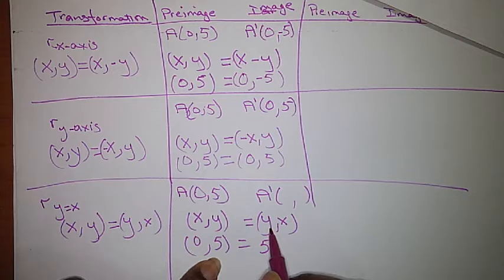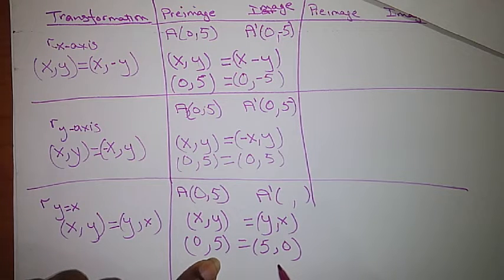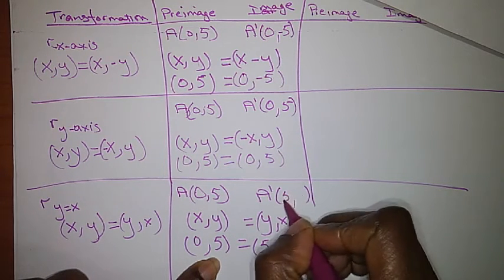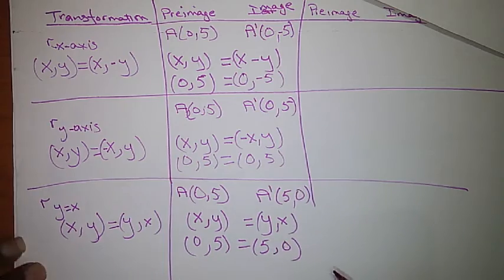That's what this means. And my 0, which is my x value, is now going to be in my y position. So my image for this coordinate point under the reflection over the line y equals x is 5, 0.